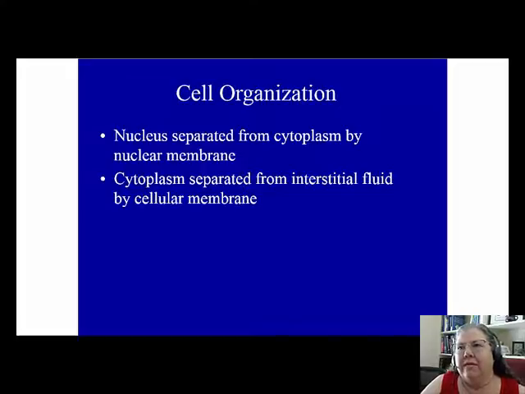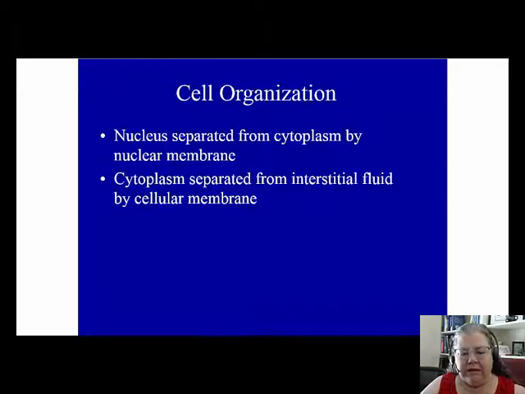So we have intracellular fluid, which is the cytoplasm, and we have interstitial fluid, which is also called extracellular fluid. Extracellular fluid or interstitial fluid is the fluid that is outside of cells throughout the body. Interstitial fluid really is describing the fluid, the solution that is between and around cells.